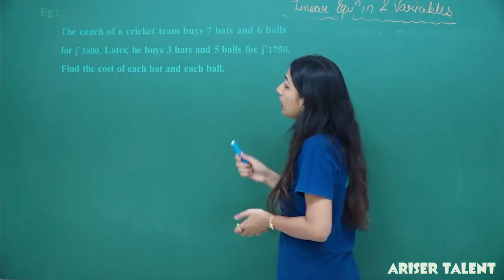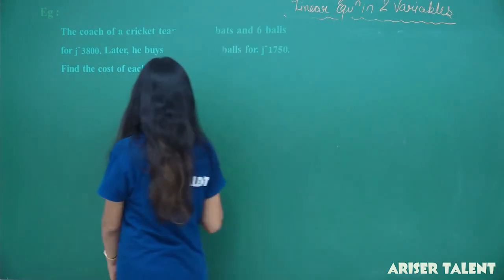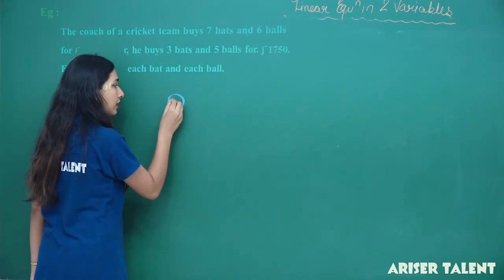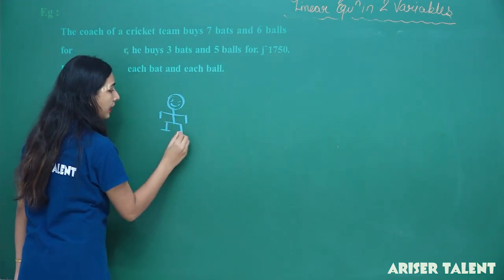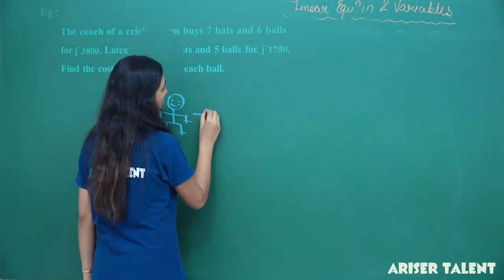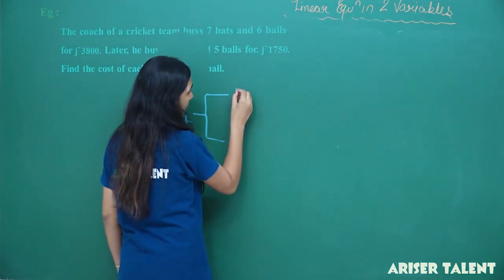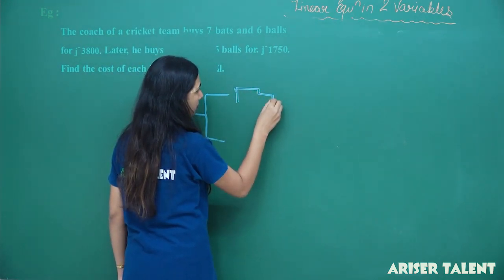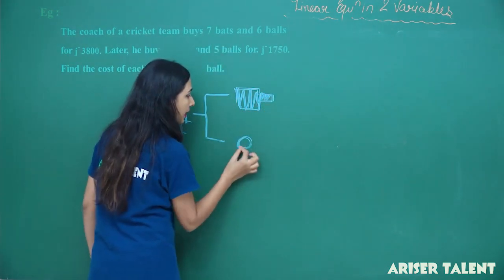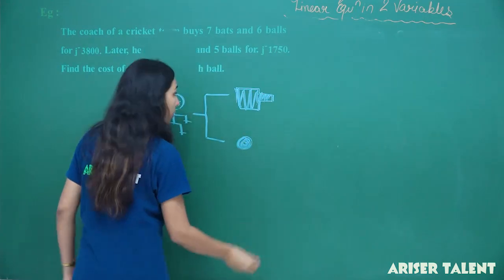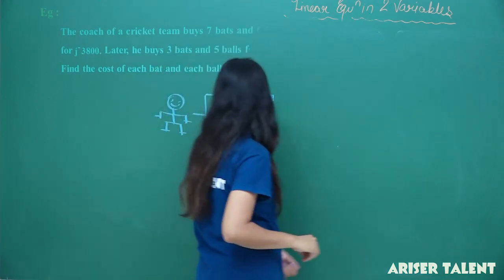So the coach bought 2 items: the one is this bat and the second one is ball. Let's suppose this is X and this is Y.